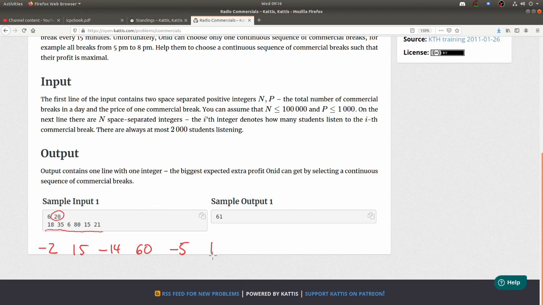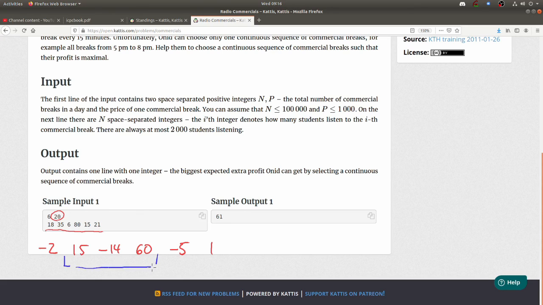And you were asked to find a subarray in here, a contiguous subarray, such that the sum of these numbers was maximized. And so here in this particular example, the answer I think was 61, and 61 was obtained by selecting, starting here, and so this would be 15, negative, so this is 1, and then stopping here.